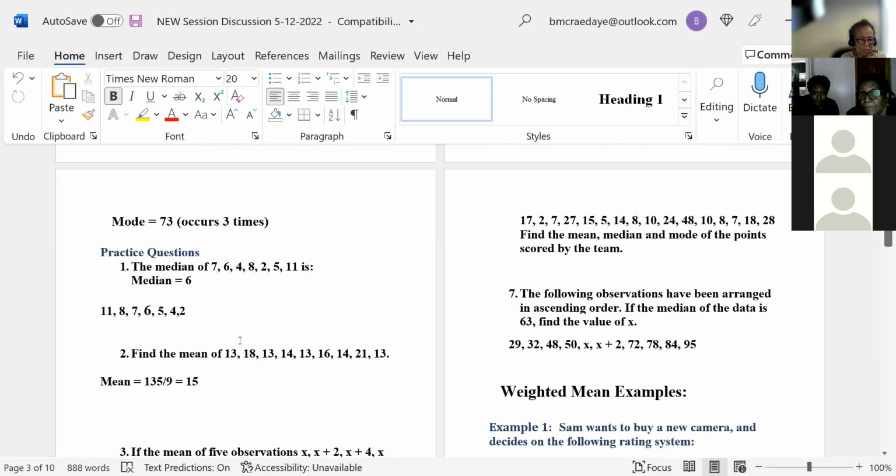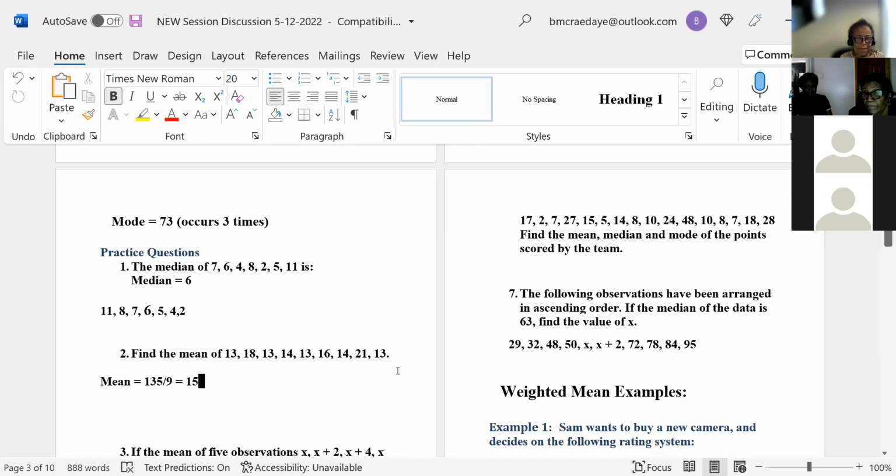No, when you add up 13, 18, 13, 14, I want you to add up all of the numbers in this data and tell me what you get for your total. 35. Add the items and tell me what you get for your total. That's the first step for your mean. 135. That's right.